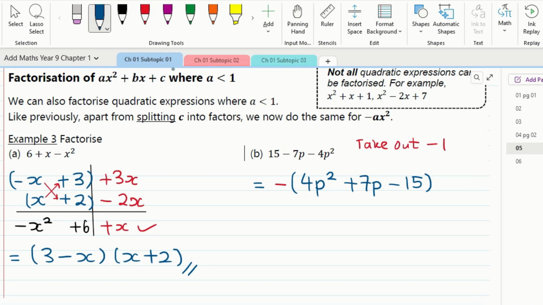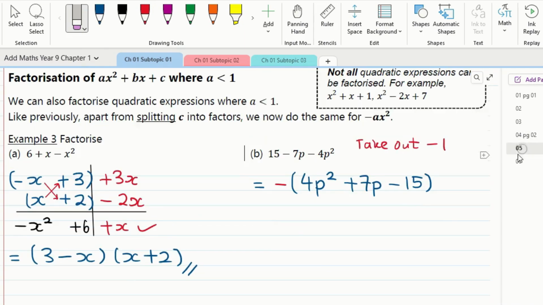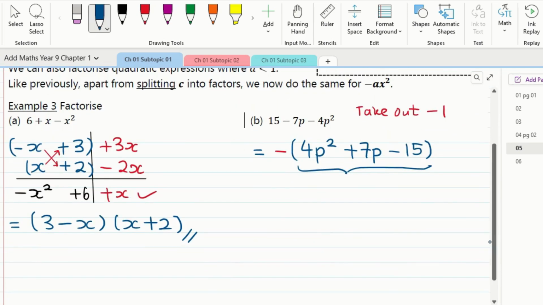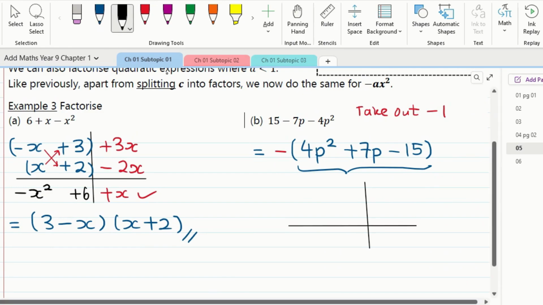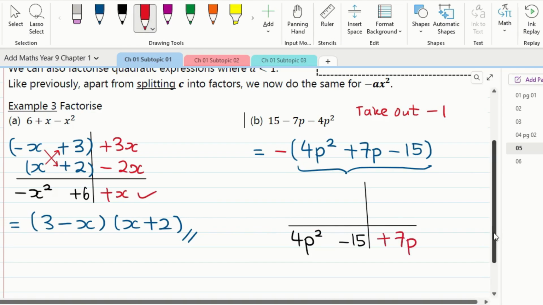So this one, when you have a look here, this is the same thing as what you have done previously in example 1 or example 2. So here, if we continue with this one, for this part, you will do the cross method, and you will factorize whatever terms are inside the bracket. So here 4p squared and negative 15, and your aim is to get plus 7p.